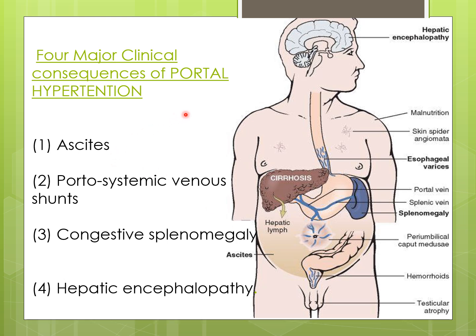The portal circulation, the hepatic portal system, is connected with the systemic circulation at three places: at the lower end of the esophagus, in the umbilical region, and in the anorectal region.